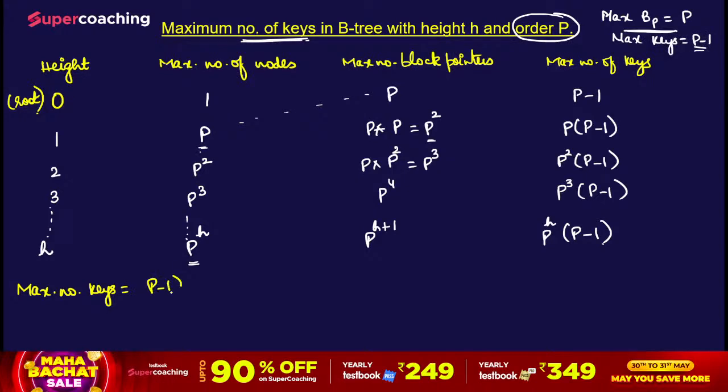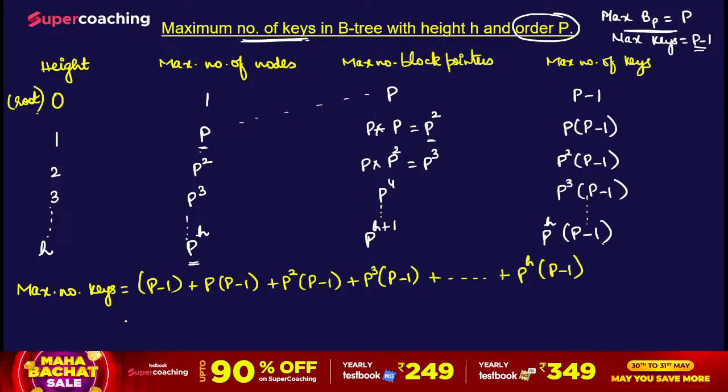So we are getting here P minus 1 plus P into P minus 1 plus P square into P minus 1 plus P cube into P minus 1 and so on. This way we are going till height h.